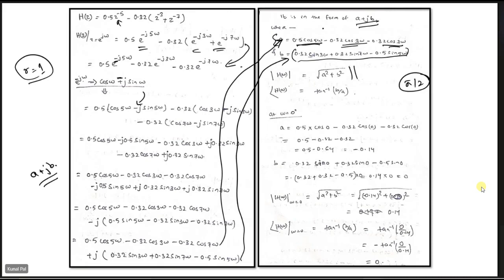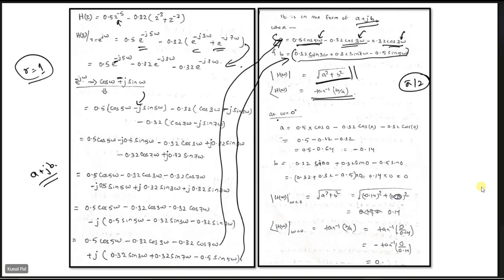You will have to put in the value of pi by 2, and whatever values you get, you then find the square root of a square plus b square. Then the phase of H(omega) is tan inverse of b by a. I have already given you the formula, and what happens if a and b are both positive, and the other cases also.